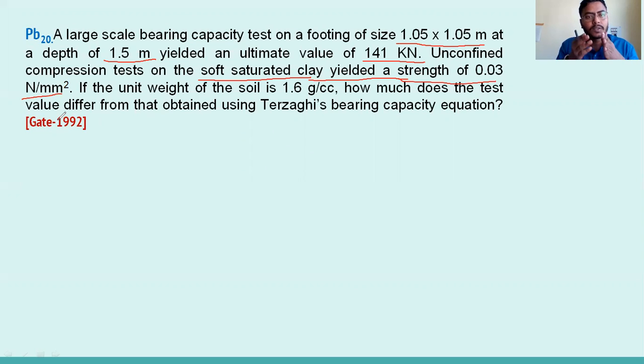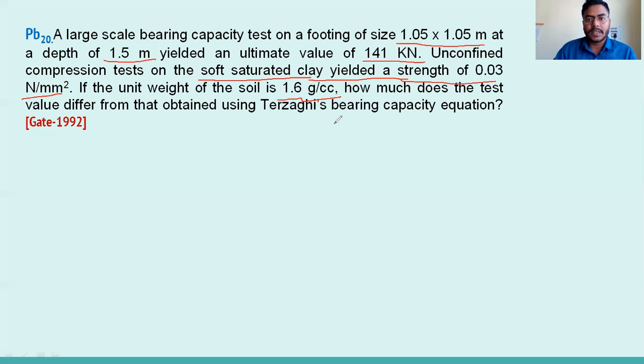That soil is soft saturated clay, and we got the unconfined compression stress value of 0.03. If the unit weight of soil is 1.6 gram per cubic centimeter, how much does the test value differ from the value obtained using the Terzaghi bearing capacity?